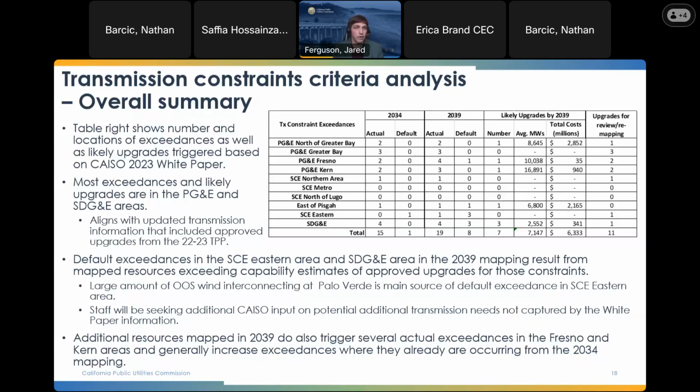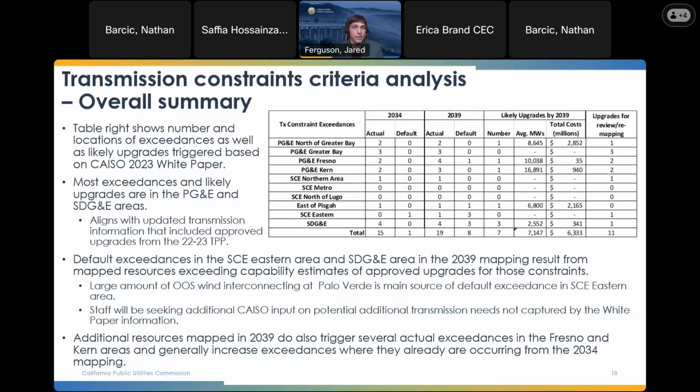Those are not considered exceedances, because they're assumed to be included in the base transmission by the time we're looking at 2034 and 2039. I will note that in 2039 in particular, in the SCE area and even in the SDG&E area, you see an increase in default exceedances.